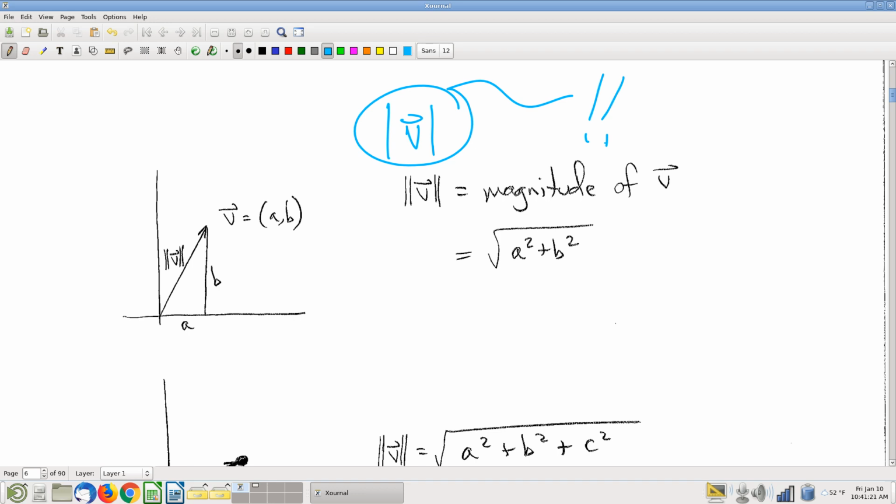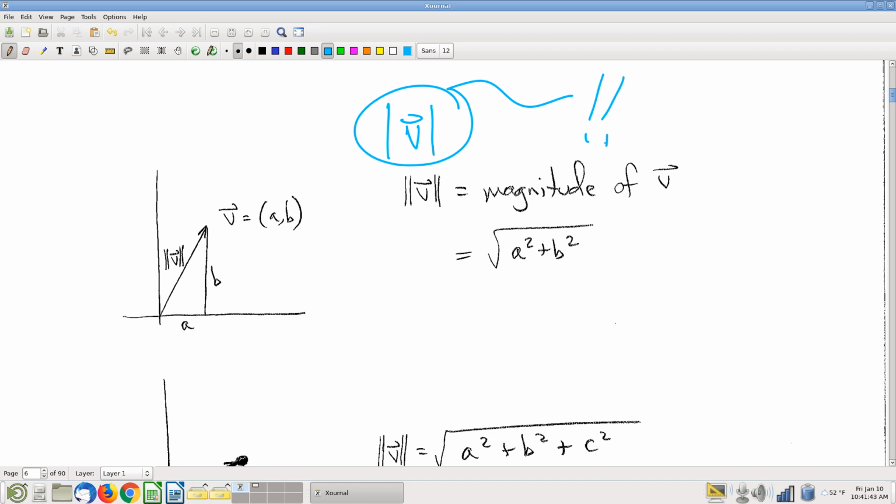Well, if you think about it, and it's a good exercise for everyone to think through on your own, if you do have a vector in R1, there's one coordinate you can kind of think of as a scalar, and its magnitude is its absolute value. So it's not a confusion, it's actually a very natural choice.